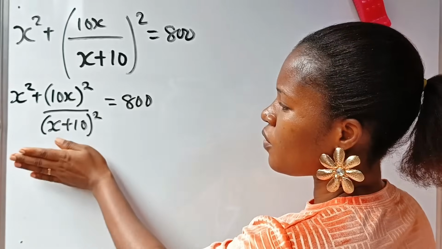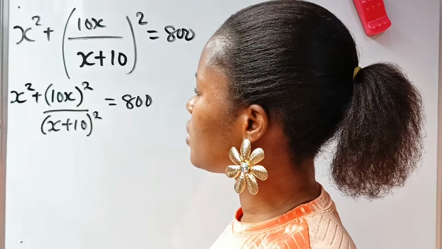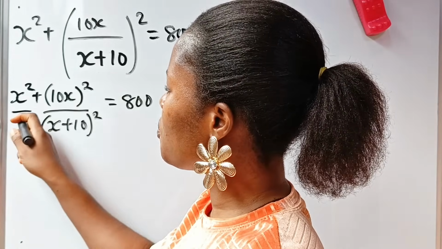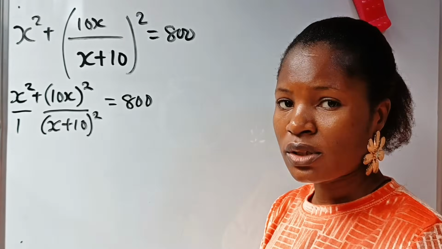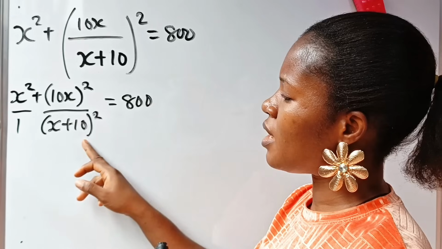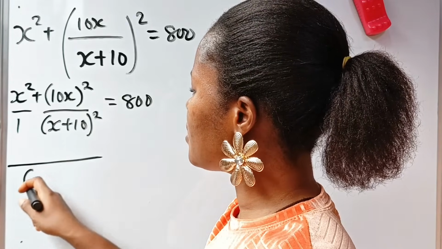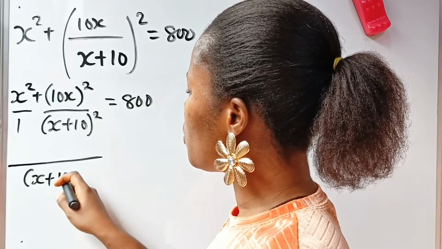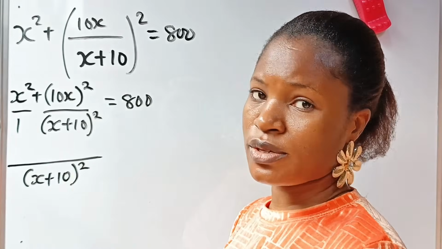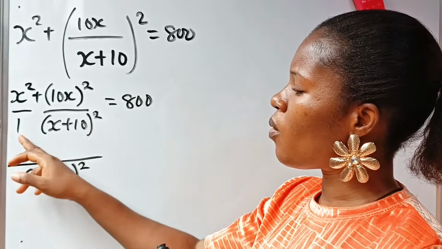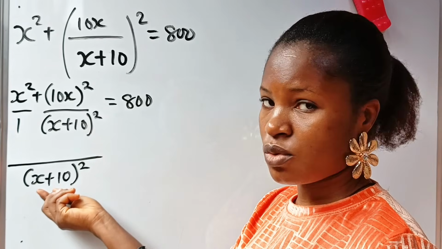Now let us solve this side of the equation. This is the same thing as x to the power of 2 over 1. Now the LCM of this and this is this, right? So we are going to divide by the LCM, which is x plus 10 raised to the power of 2. When one divides this, we have this remaining.